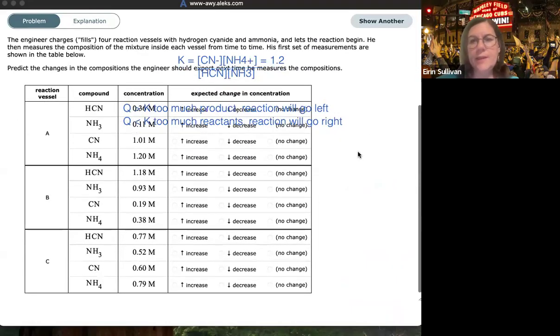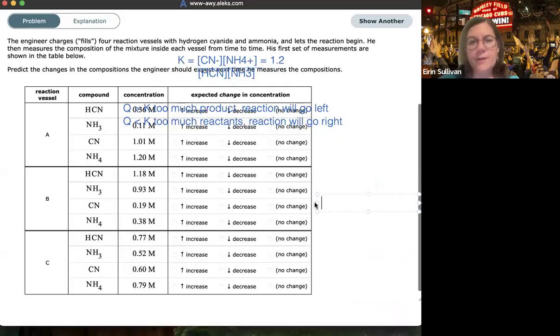All right, so for C then, let's do it. So my reaction quotient is going to be concentration of my products on top. So that'll be my cyanide ion and my ammonium ion on the top. And then on the bottom, we'll have my hydrocyanic acid and my ammonia.